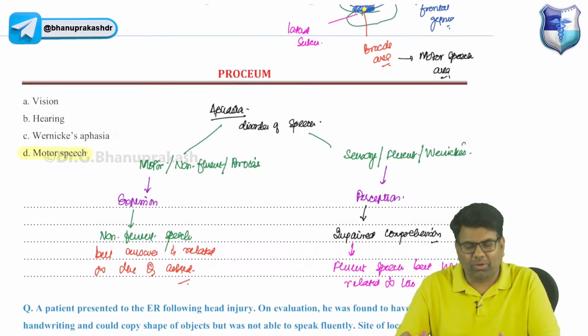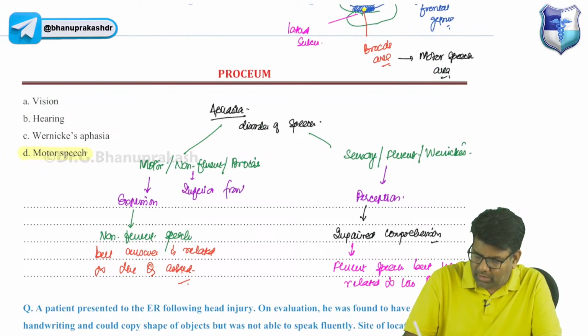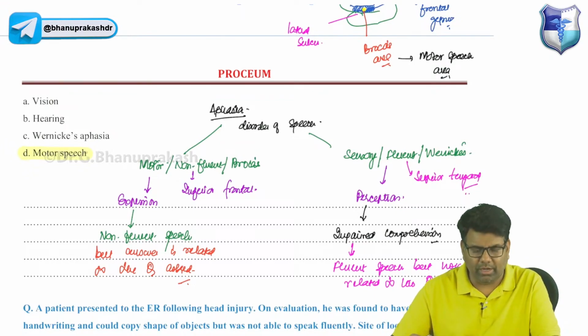So this is in short about aphasia. And of course, the location of Broca's is inferior frontal, and the location of Wernicke's area is superior. Clear? Please remember this much related to aphasia.